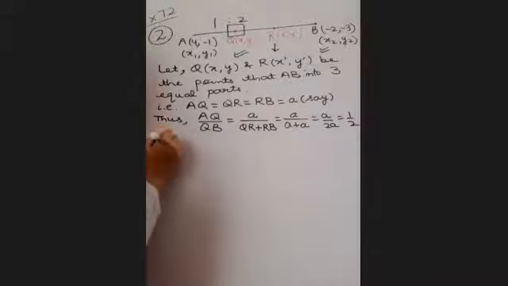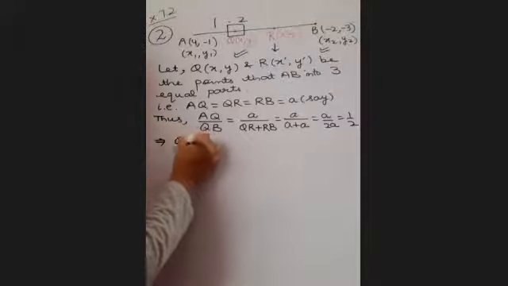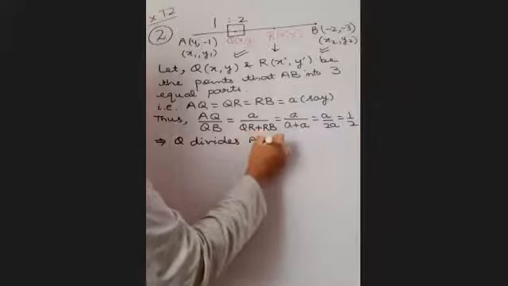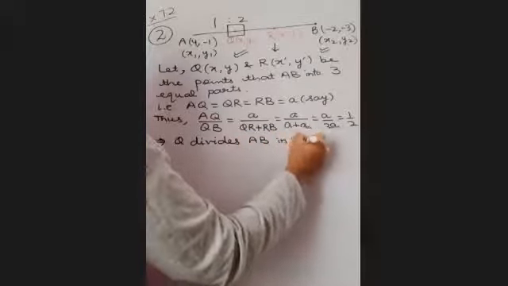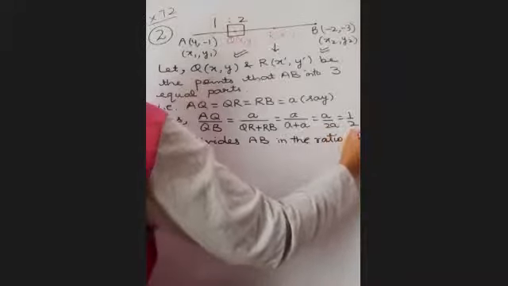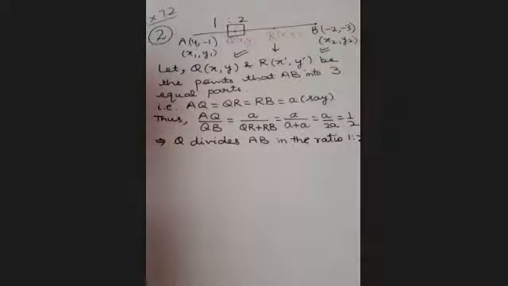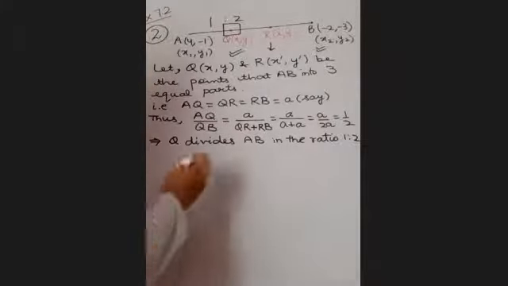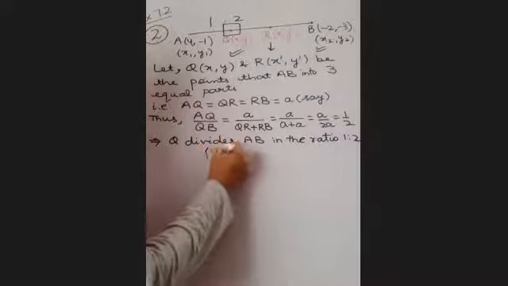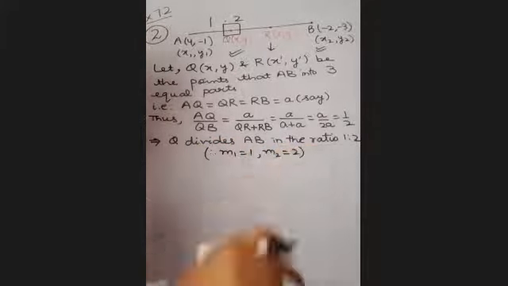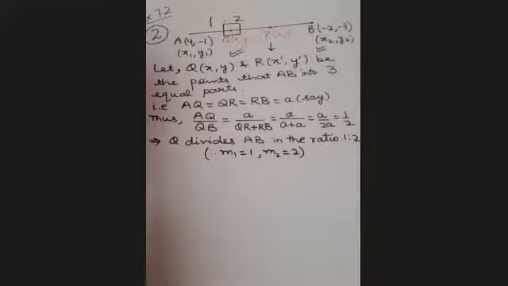So this implies Q divides AB in the ratio 1:2. Therefore, m1 is 1 and m2 is 2. Clear?